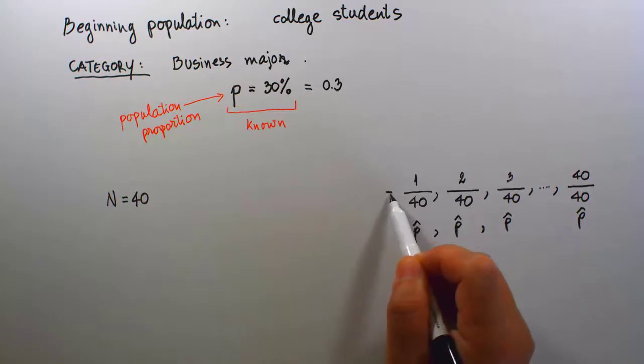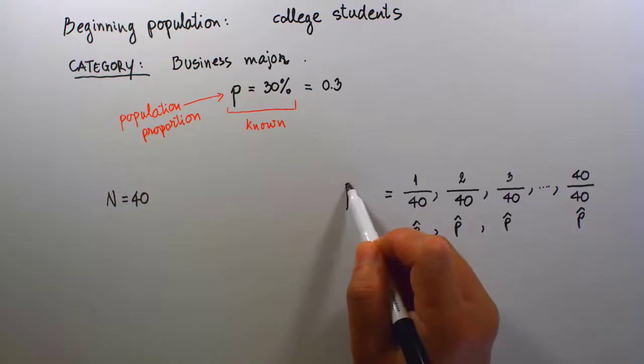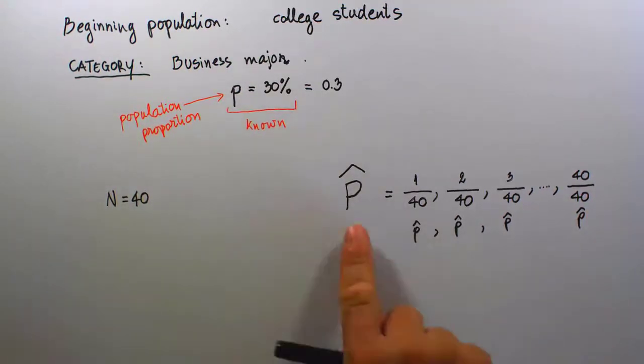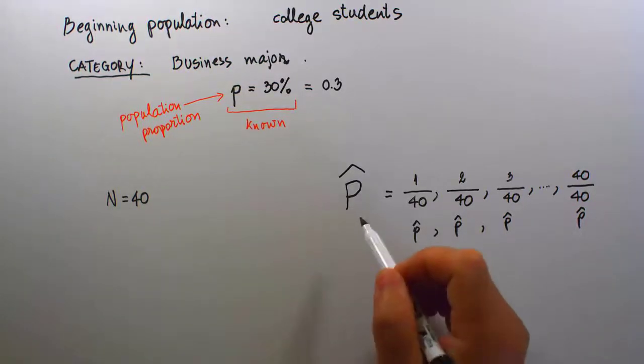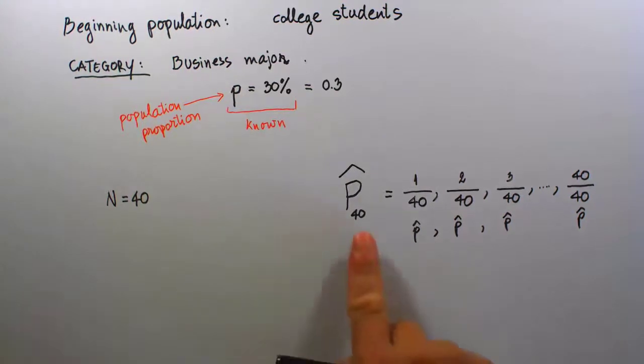But we can now generally regard any of these values as a random variable, capital P hat, which stands for sample proportion. In my style, I use a subscript 40 to indicate that each sample of ours contains 40 students.